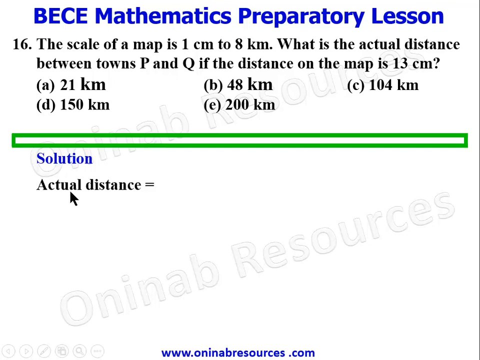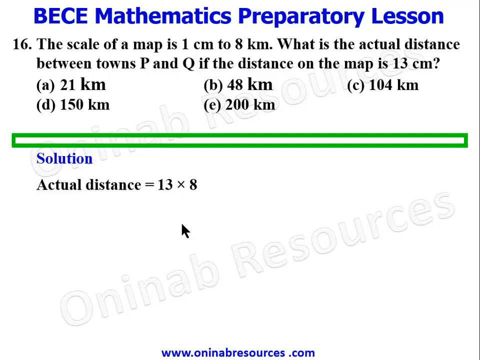Since 1 centimeter is equal to 8 kilometers, the actual distance, if it is 13 centimeters, will just be multiplied by 8. 1 centimeter is equal to 8. 2 centimeters is 8 times 2. 3 centimeters, 8 times 3. 4 centimeters, 8 times 4.